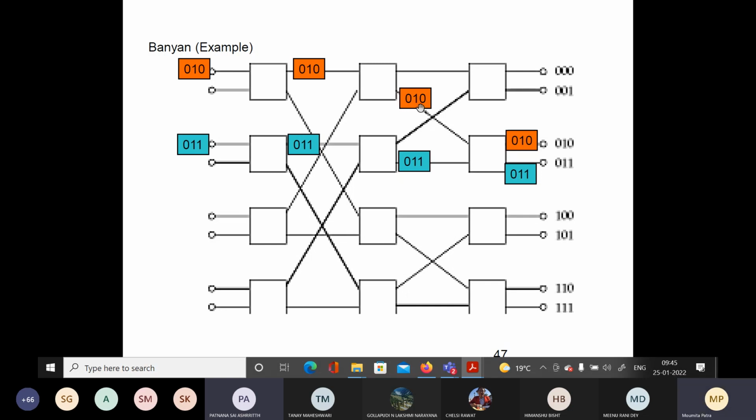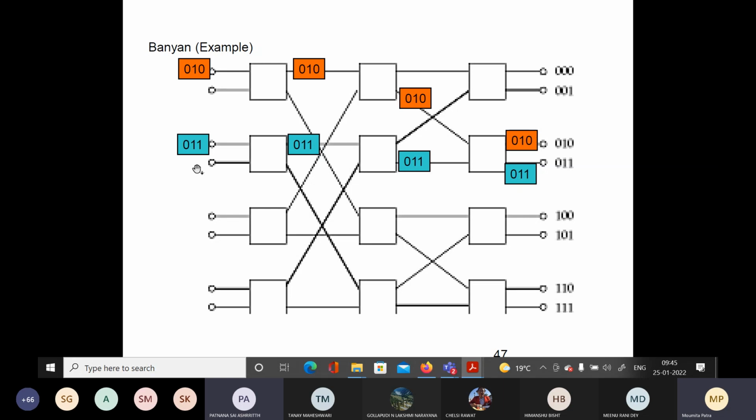Now when it enters here, this switch will check that it is the third stage, so let me check the third bit. That is 0 here, so it will send it through this one. Now you are getting 0, 1, 0 here, and it is exactly that output port, 0, 1, 0. So it is reaching its corresponding output port.